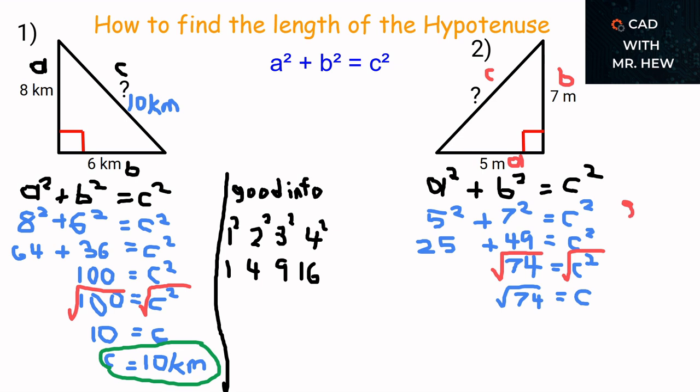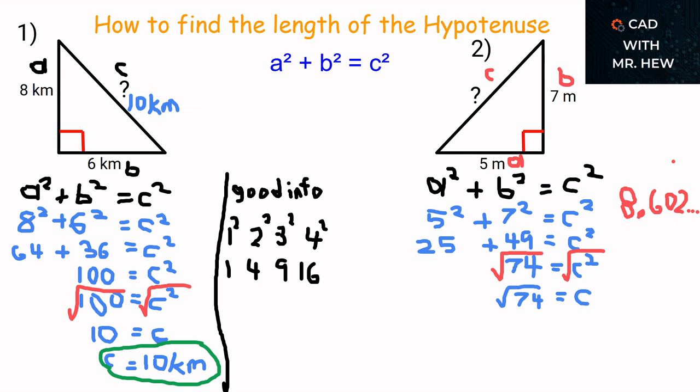You're going to get 8.602, and it is going to continue. So I'm going to put some dots there to indicate that it continues, right?